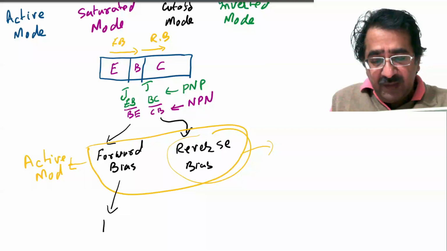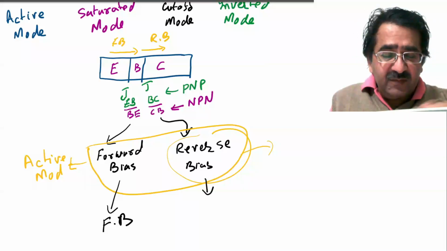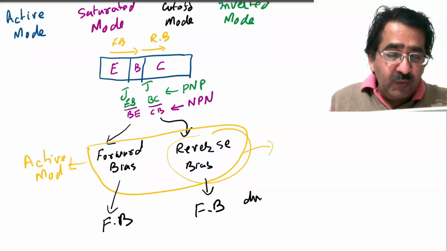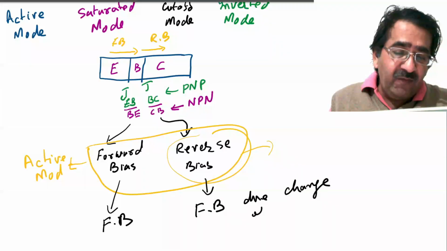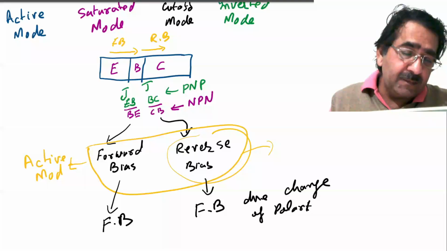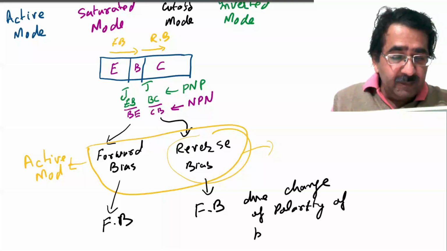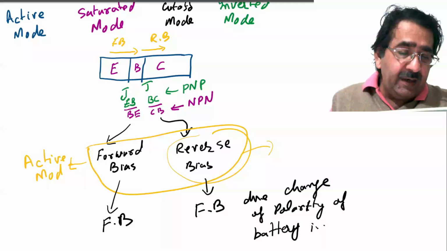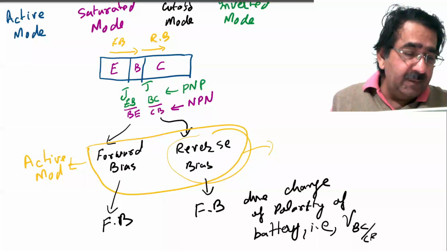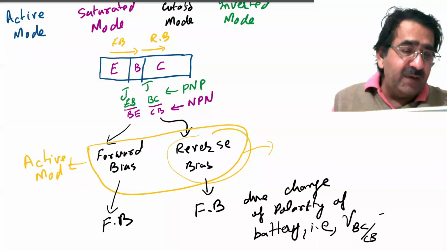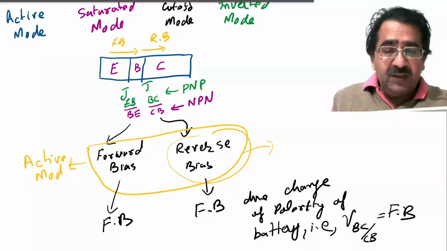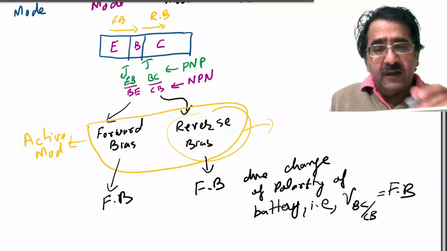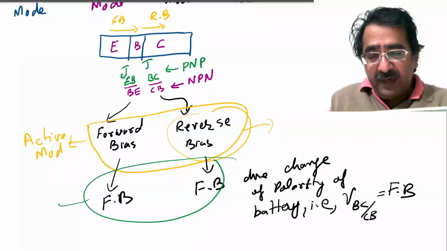If this remains the forward bias, but if the collector-base junction becomes forward bias due to a change of polarity of the battery, I mean, VBC or CB becomes forward bias due to changing the polarity, then this mode will be defined as saturated mode.